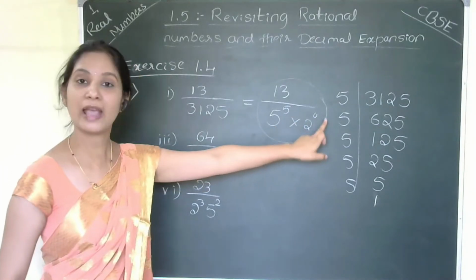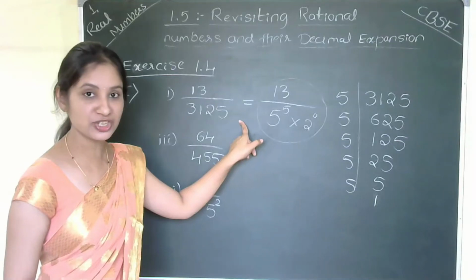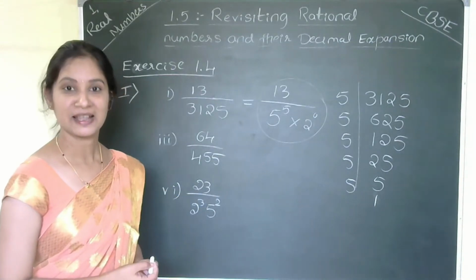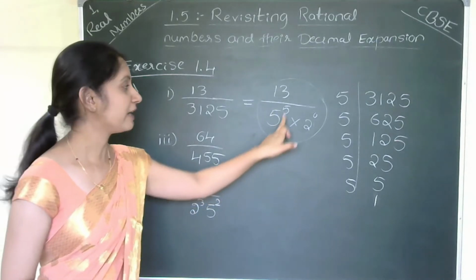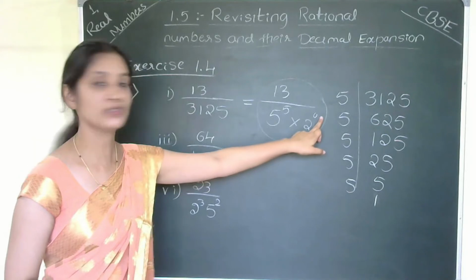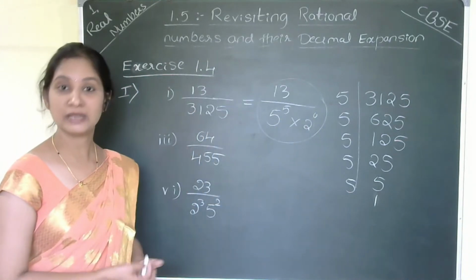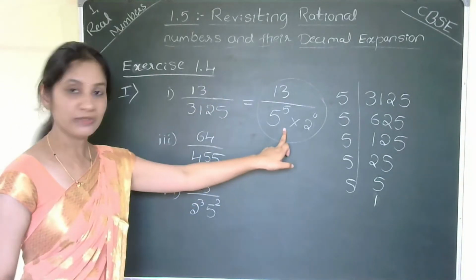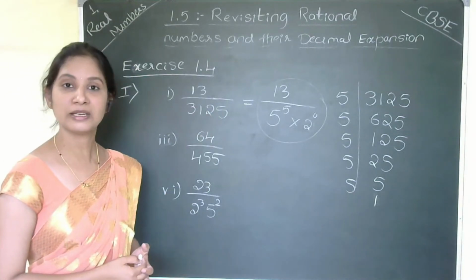That means the decimal expansion is terminating, because I expressed this as 5 raised to 5 and 2 raised to 0. So the first problem is terminating. Without doing actual division, we can conclude the given number is terminating.